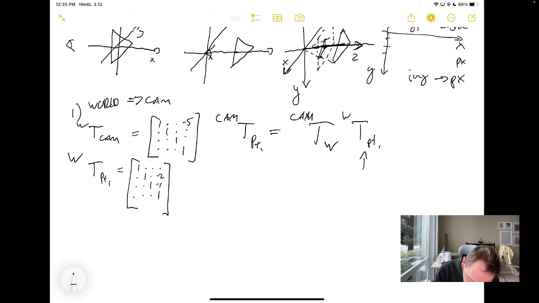We have this directly, that's this. And in order to get this, we need to invert the camera-to-world matrix, CTW.